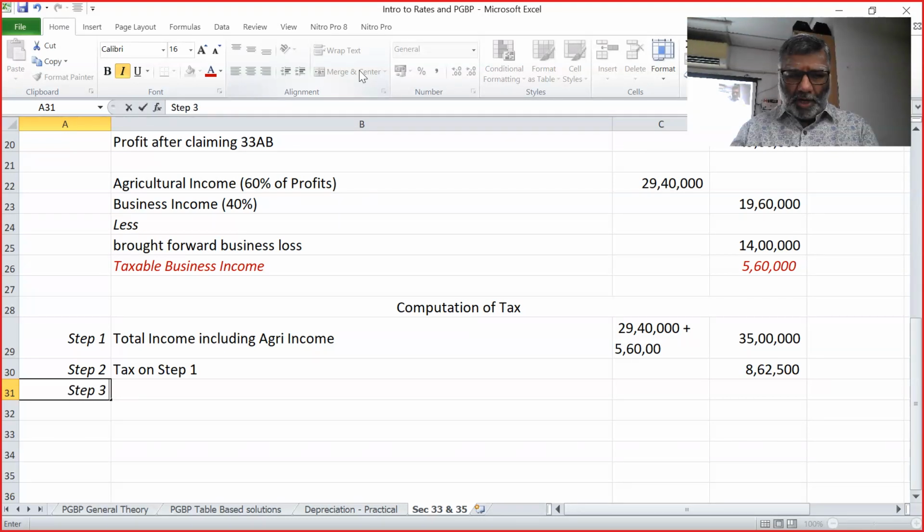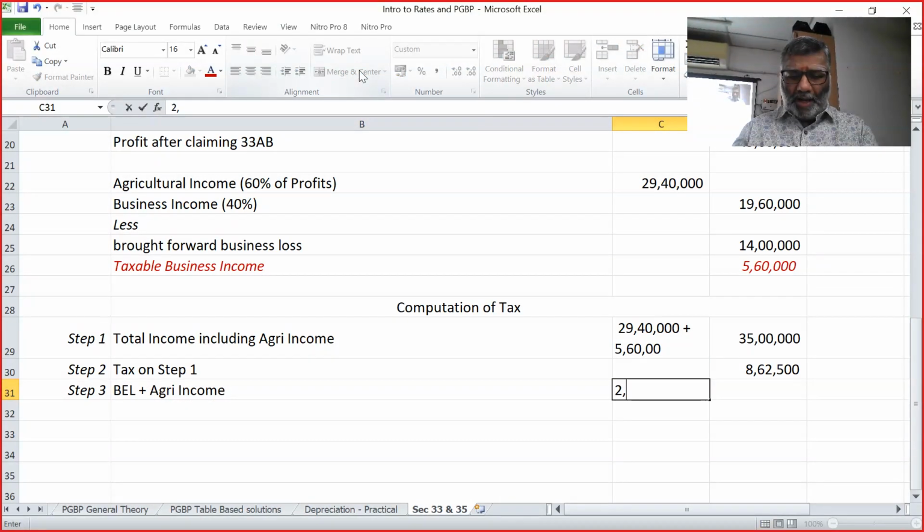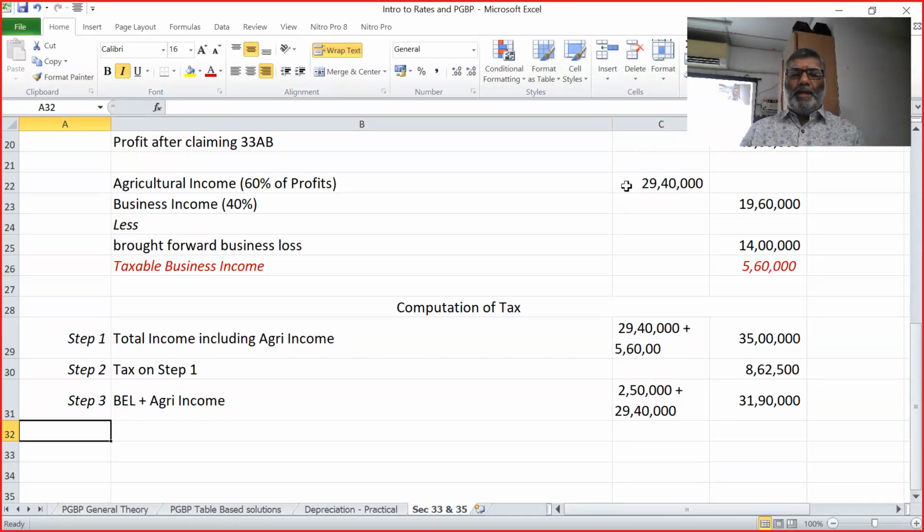Step 3: basic exemption limit plus agricultural income. 2,50,000 is the basic exemption limit plus agricultural income of 29,40,000.